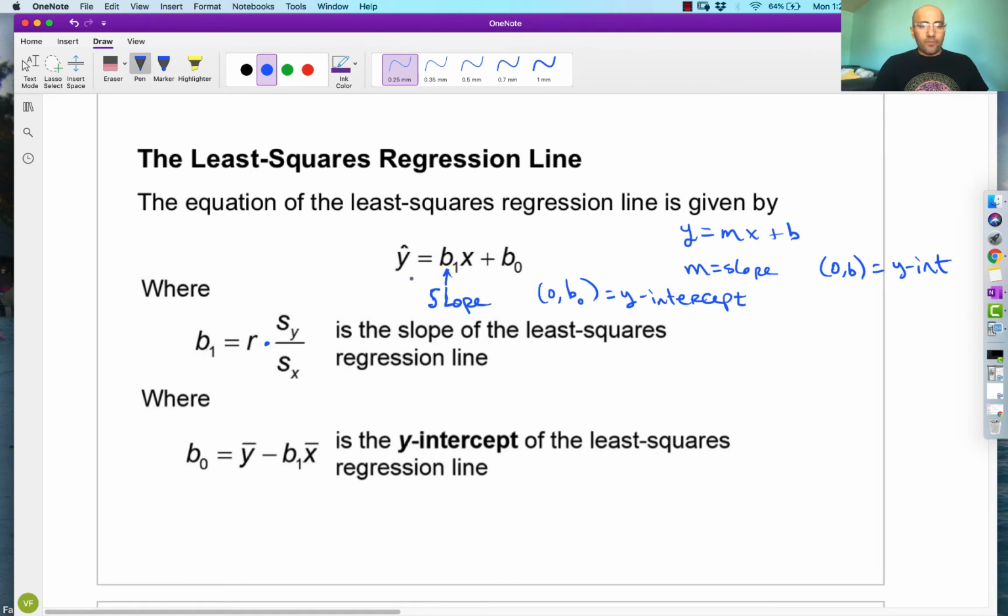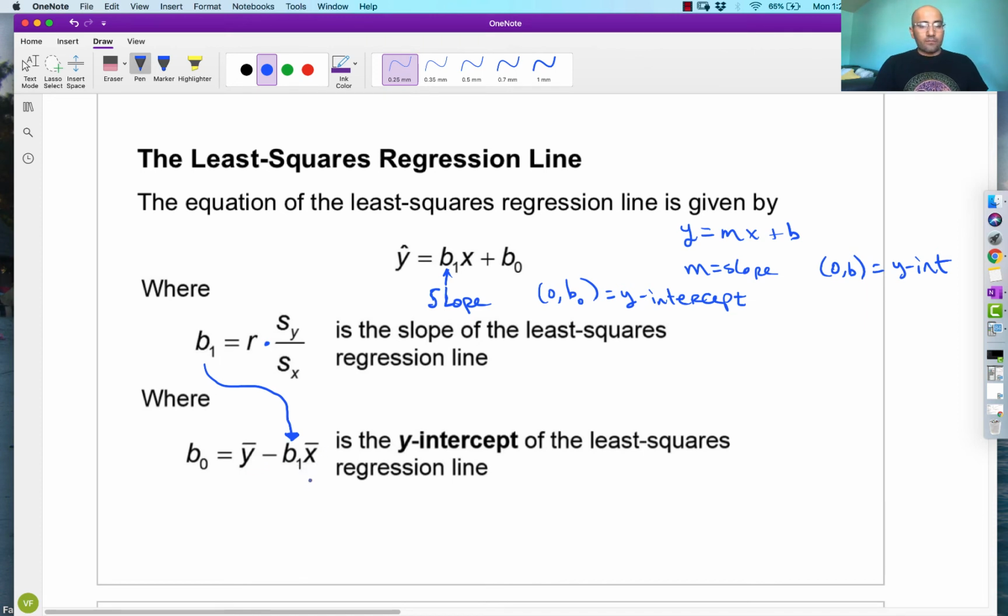That number is then used to calculate the next one, so you have to find them in this order. You have to find b sub 1 first, the slope of our regression line. Once you do that, you can find b sub naught, the y-intercept, 0 comma b naught, and that's equal to y bar minus b1 times x bar.